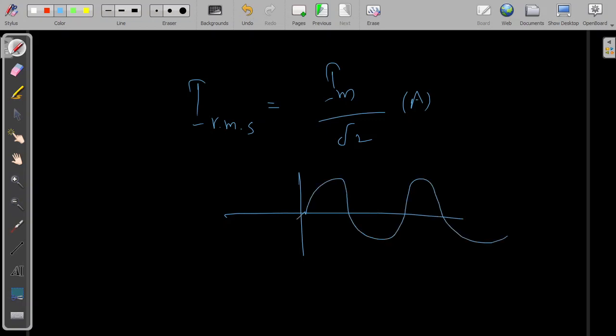So what will be the average value of this waveform? It will be 0, absolutely 0. So that is our average value of a waveform and RMS value of a waveform.